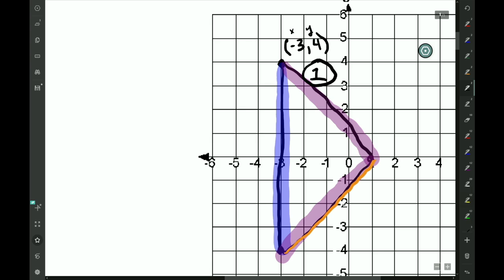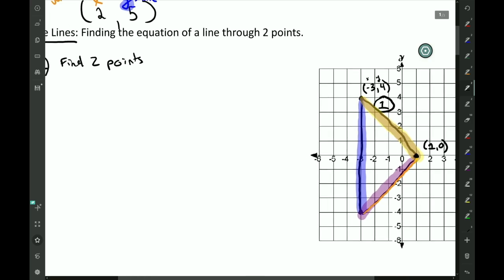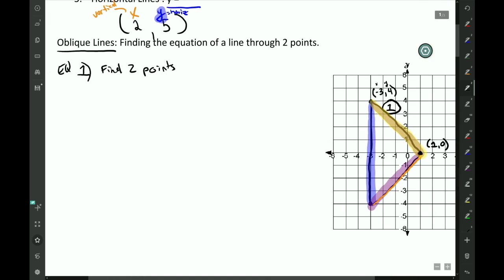So again, I'm just focusing on this line. There's 1 point. The other point is at 1, 0. There are different ways you can find the slope or the equation, but we're going to use those 2 points. So the 2 points we're looking at are -3, 4, and 1, 0.